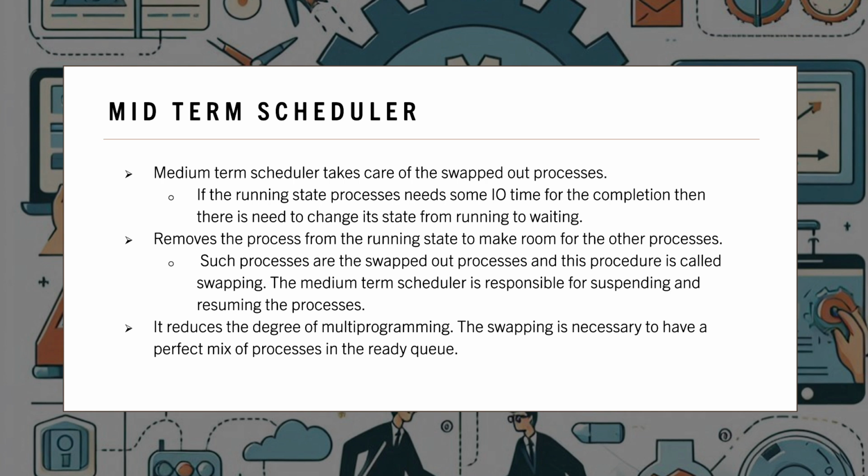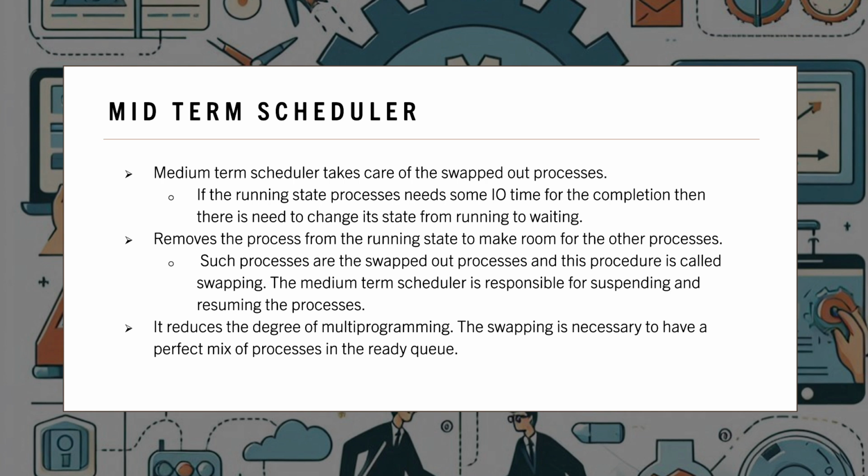Now, the last scheduler is the mid-term scheduler. The medium-term scheduler takes care of the swapped out processes. If a running state process needs some time, especially input-output time for completion, then there is a need to change its state from running to waiting. The mid-term scheduler removes the process from the running state to make room for other processes.